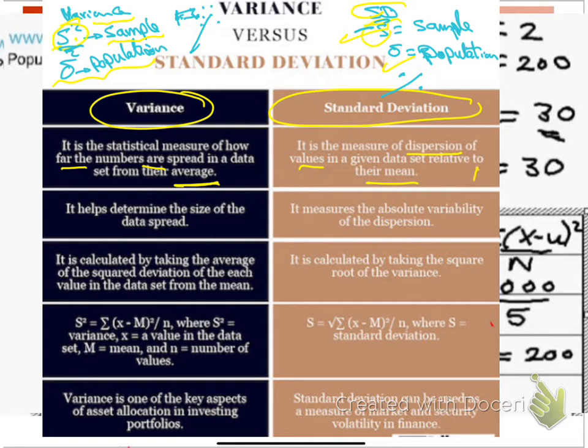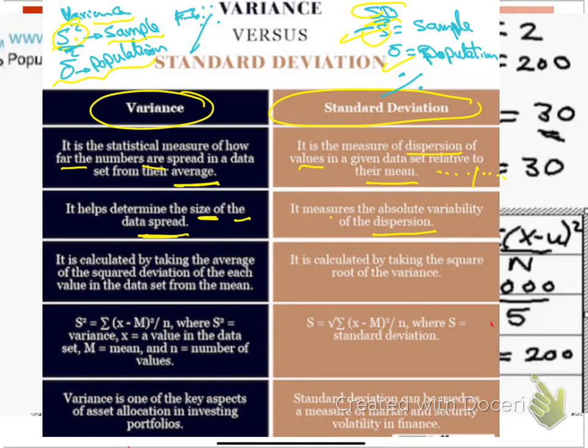In comparison to their mean, how they are spreading. The variance helps to determine the size of the data spread. But the standard deviation measures the absolute variability of the dispersion, okay?